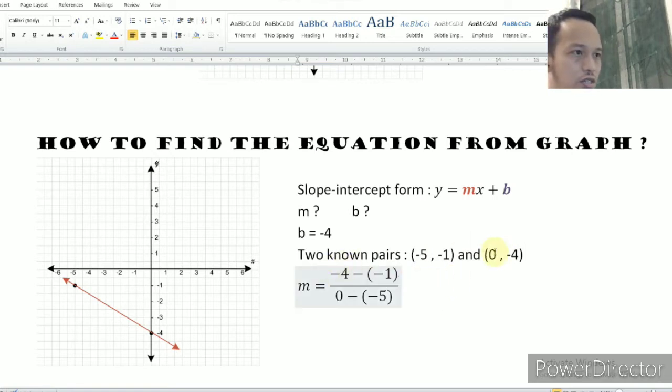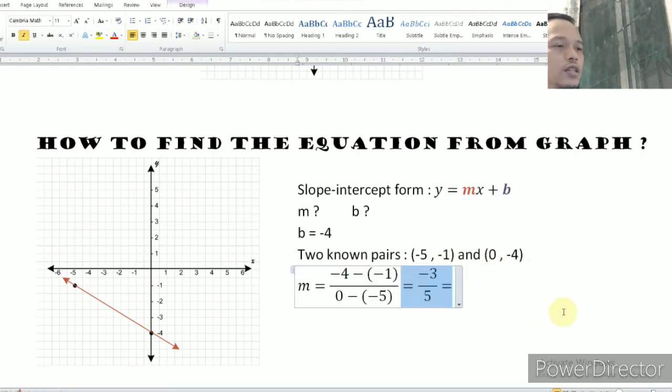So this is the second y and this is the first y. So the slope will be equal to negative 4 minus negative 1 over 0 minus negative 5. You have to be consistent. If this is the second pair and this is the first pair, it means you need to subtract the first from the second. So in the end, I will have negative 3 over 5.